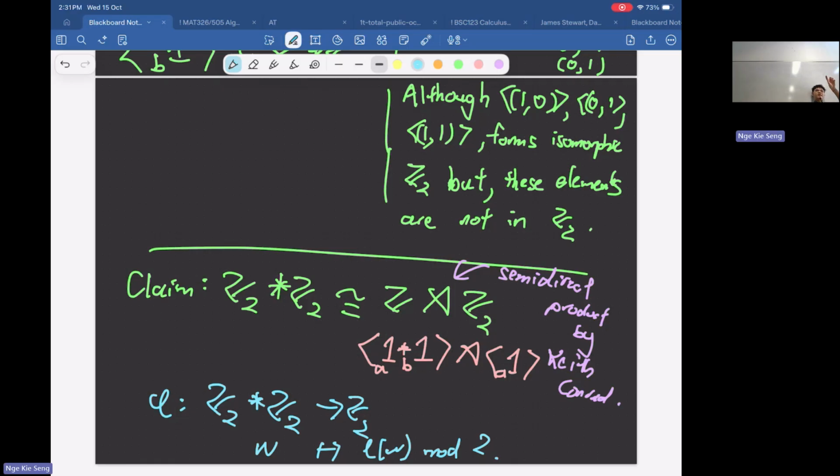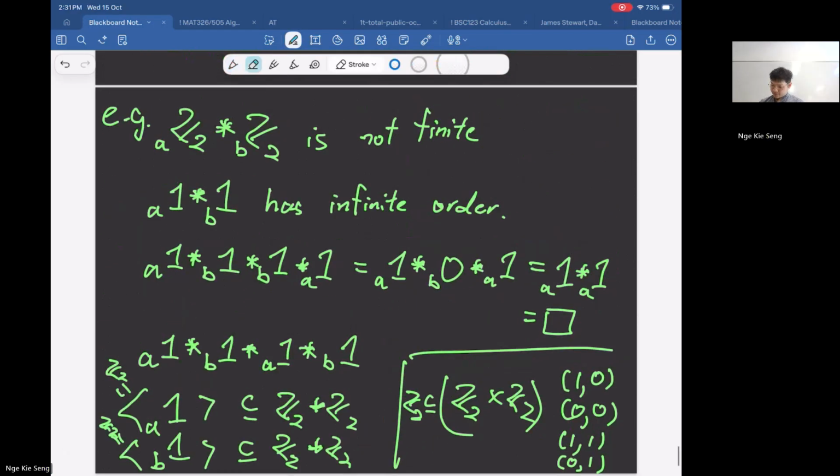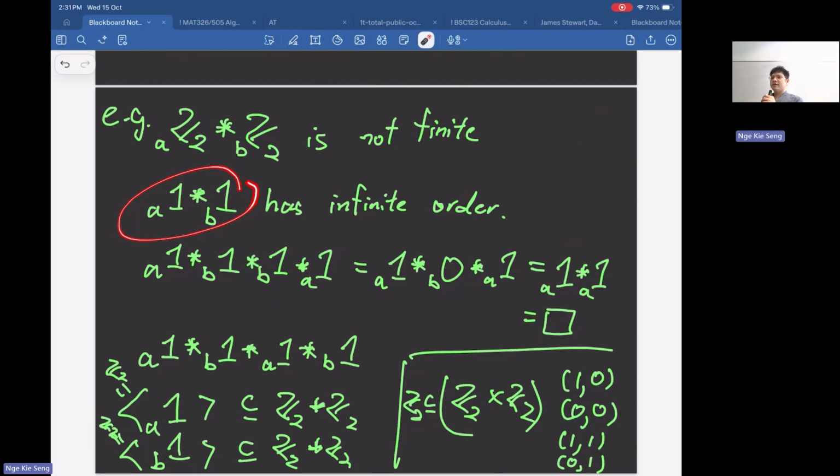You just count how many letters are inside your word. For example, this is length 2, and this is length 4. Okay, so we need to define length on the reduced word. After reduction it is 0.